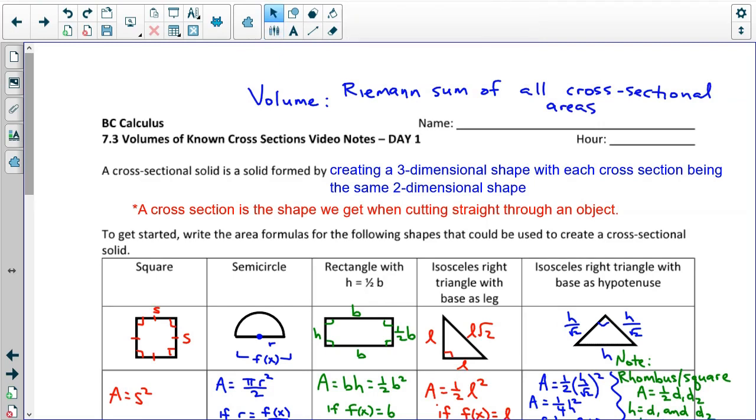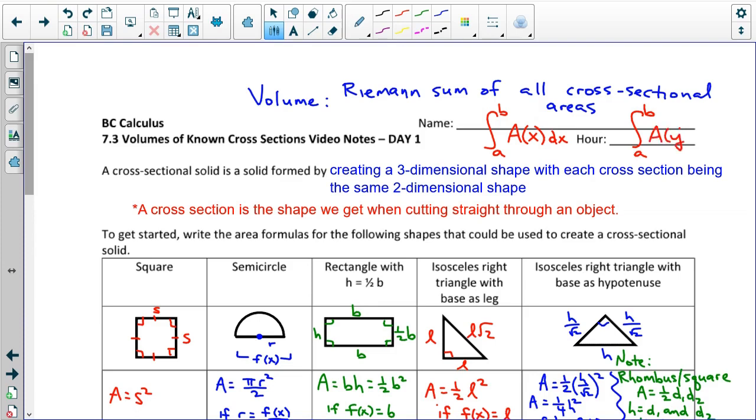So I will take the integral from a to b of whatever the area is at each spot, A of x dx. Or likewise, I could do it in terms of y if my cross sections are perpendicular to the y-axis. So I could take the integral over whatever my y values are of A of y dy. So this is basically what's happening.